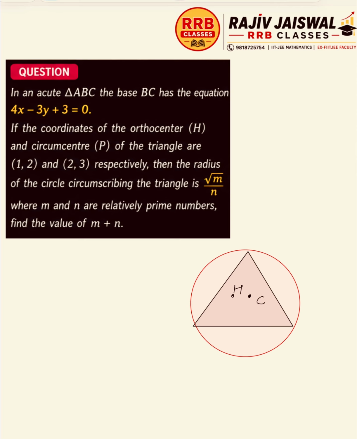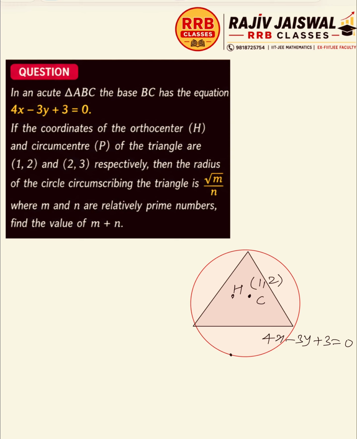As we know, the orthocenter is 1, 2 in this question, and the equation of the side is 4x minus 3y plus 3 equal to 0. So from the above stated property, we can easily find the image of that orthocenter from the side.